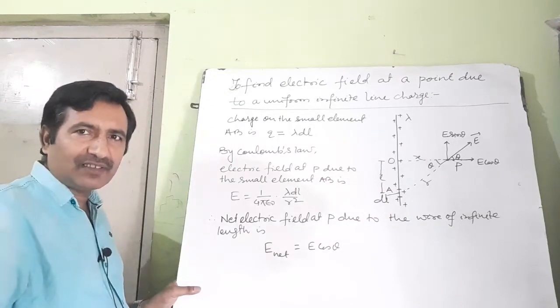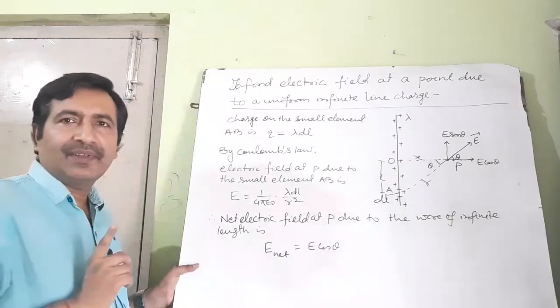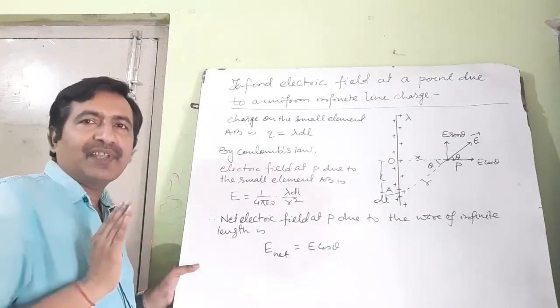Is it clear? E cos theta, that will be integrated. But here E cos theta has how many variables?